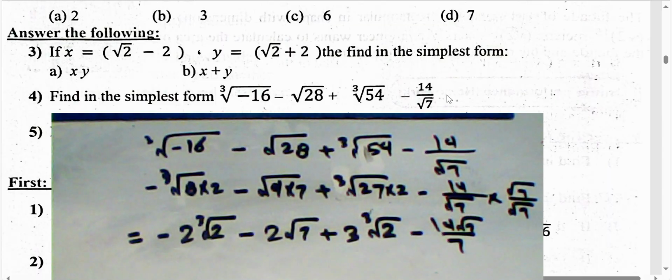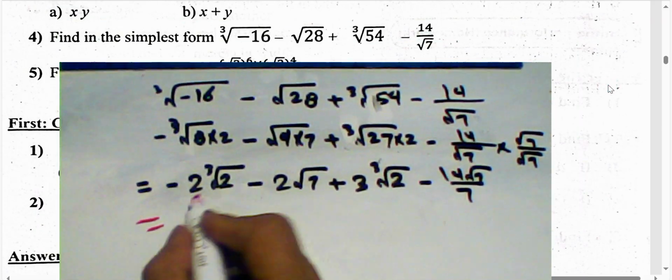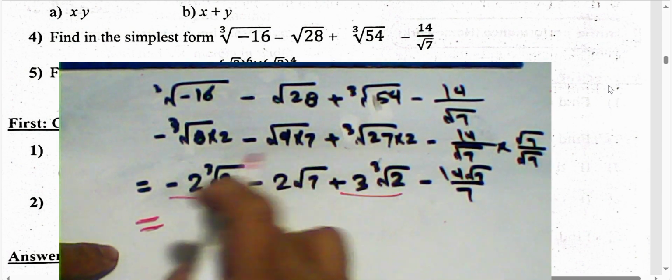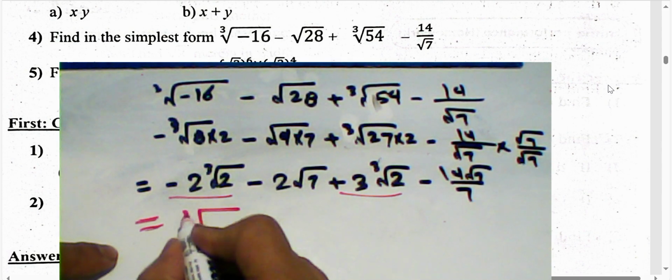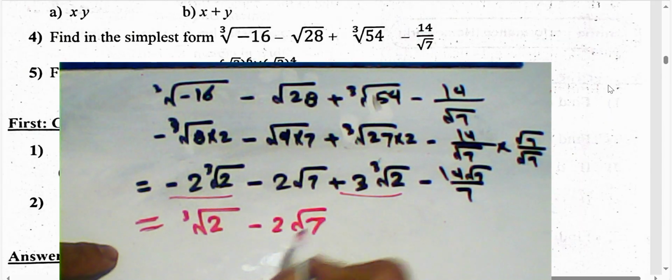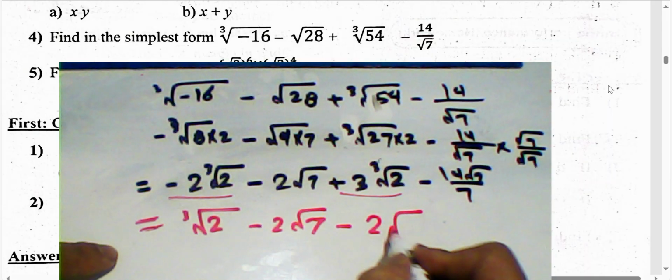Look at the steps with me again. This number negative 2 cubic root of 2 plus this number positive 3 cubic root of 2, that is 3 minus 2 equals 1. Then the result will be cubic root of 2. And this number negative 2 square root of 7 subtract 14 divided by 7 equals 2 square root of 7.